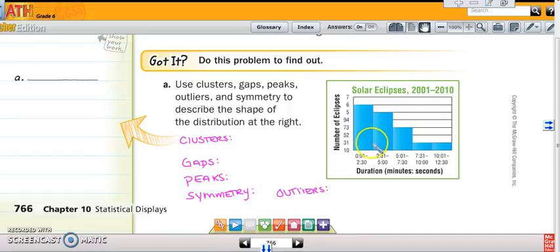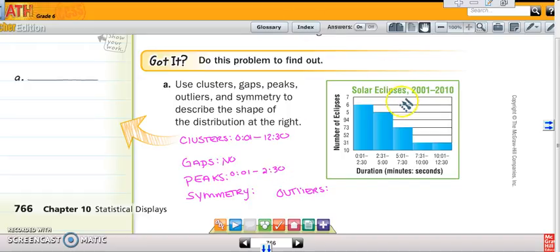All right, clusters. Well, it's all just one big cluster. So it's from 0 to 12:30. That's just one big cluster. Are there any spots where there's no data? Nope, no gaps. There is a peak at the tip top. So 0 to 1 and 2 minutes and 30 seconds.